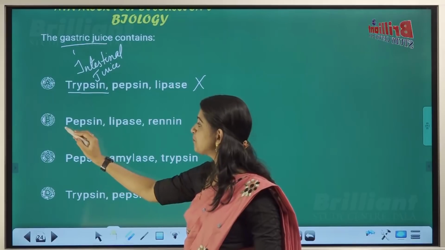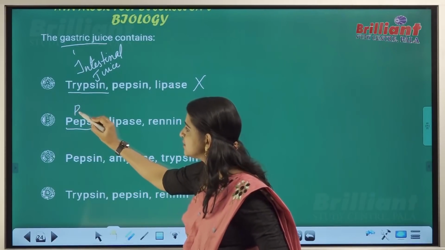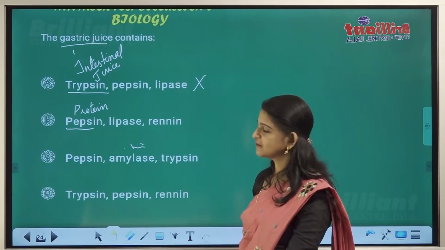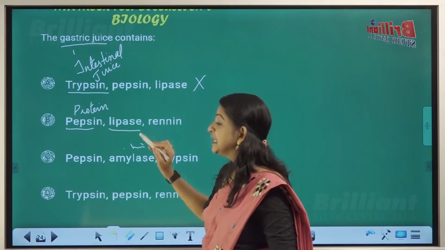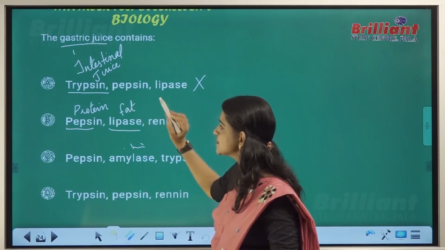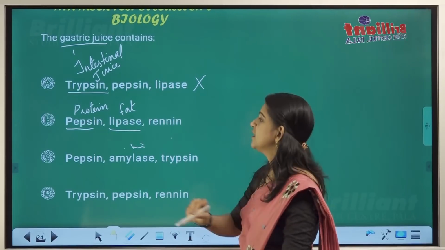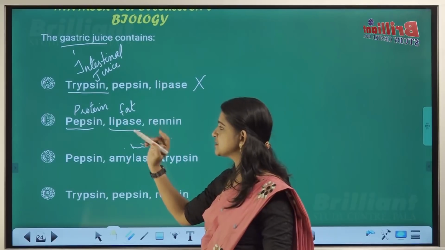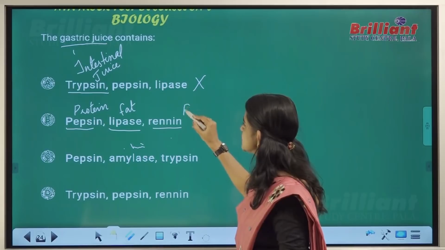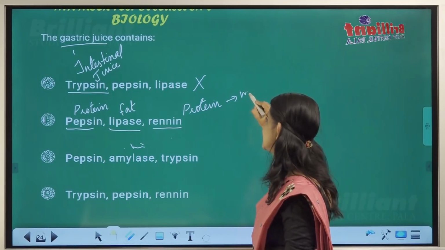Next one, pepsin. Yes, pepsin is a protein digesting enzyme present in the gastric juice. That is correct. Then lipase. It is a fat digesting enzyme, and it is present in small amounts in the gastric juice. Then renin. It is also a protein digesting enzyme present in infants.